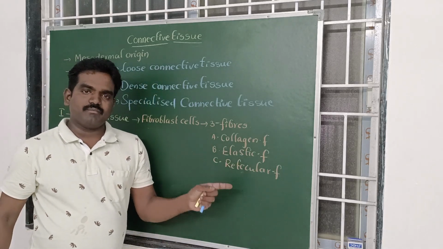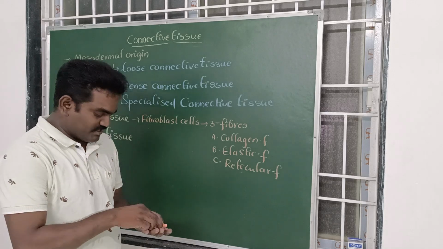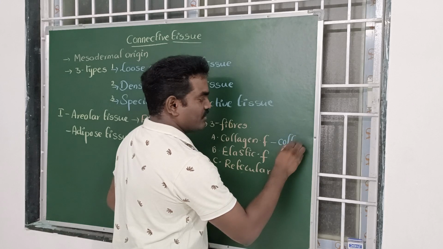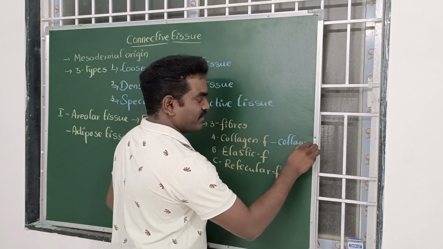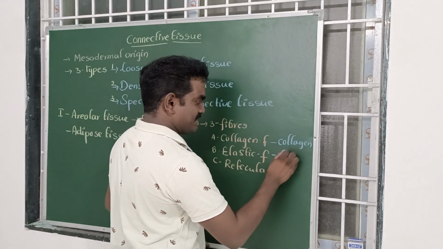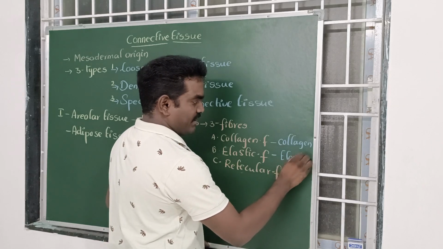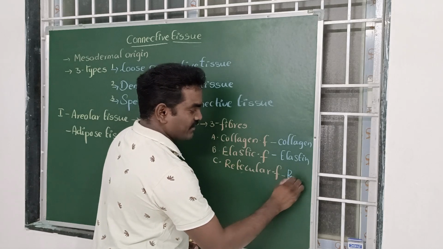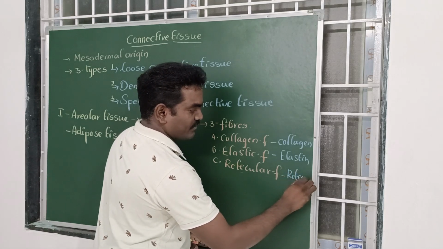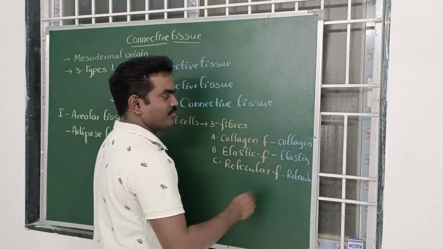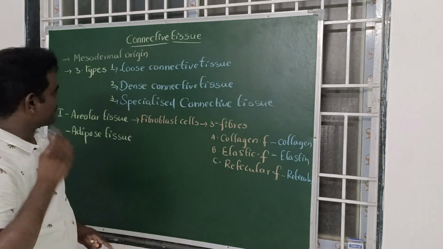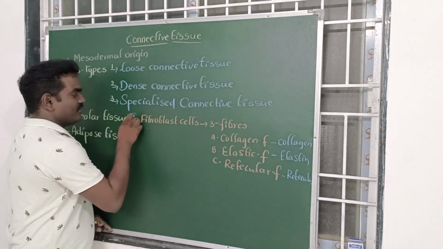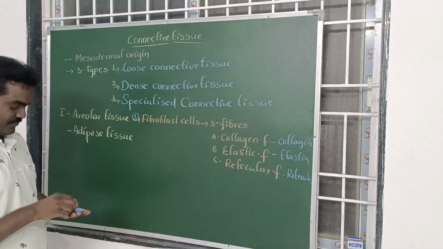Each fiber is composed of a protein. The proteins are collagen protein, elastin, and reticulin. These are the proteins. And this is the first type of cell that we have to notice in areolar tissue.